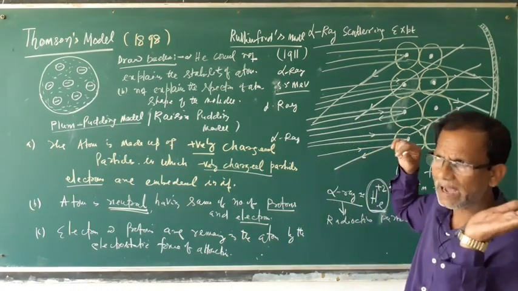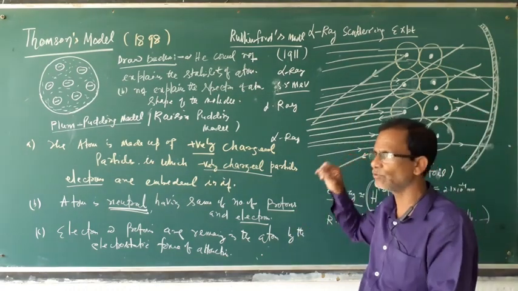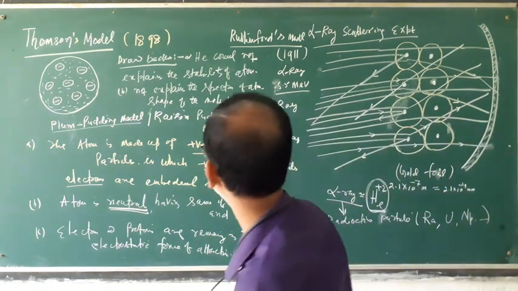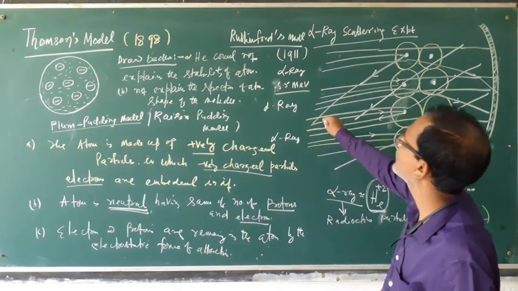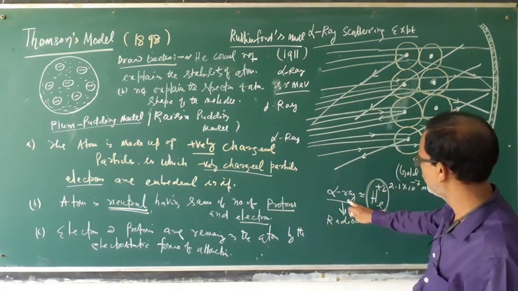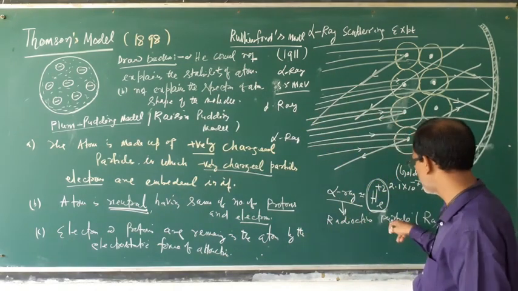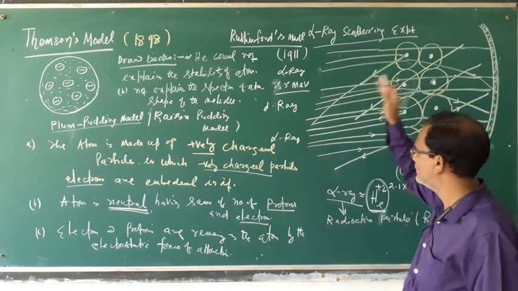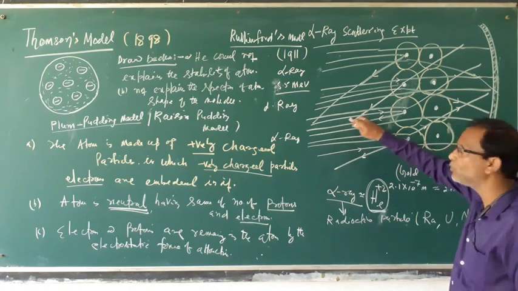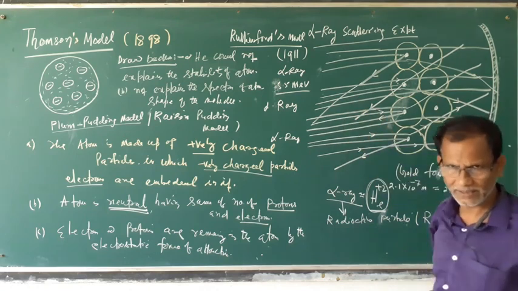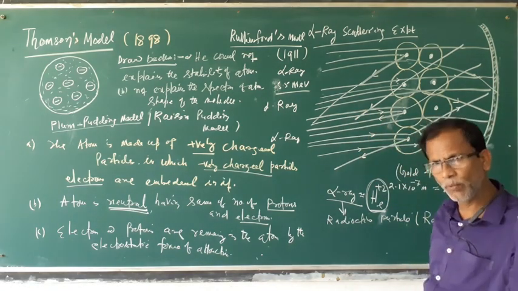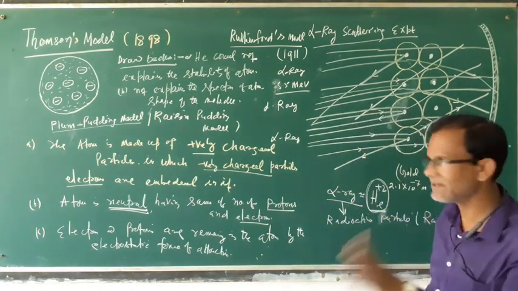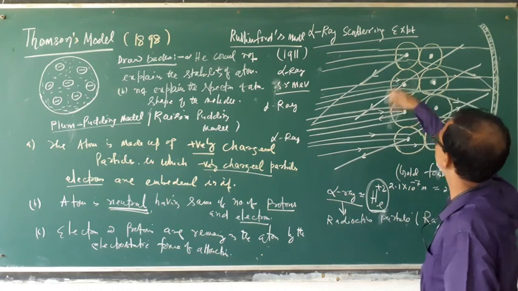When the radiation passes through the slit, a small beam of ray is produced. Then this alpha ray, produced from the source, will be allowed to pass through the slit. Then it will penetrate, it will bombard, it will collide with what?